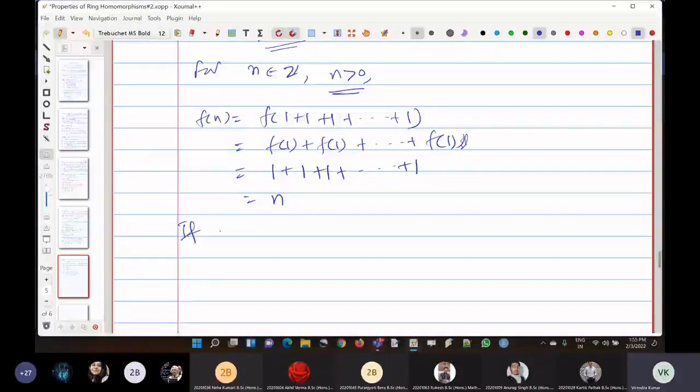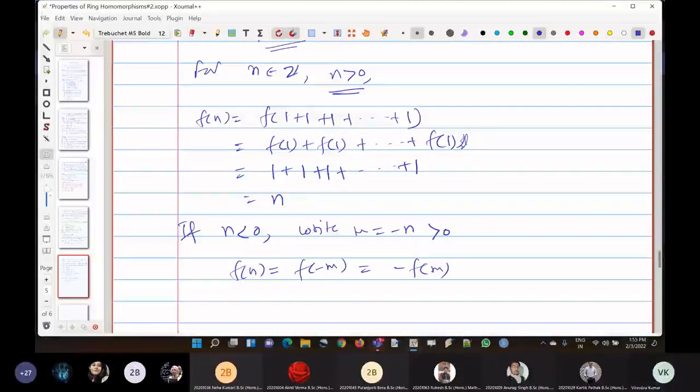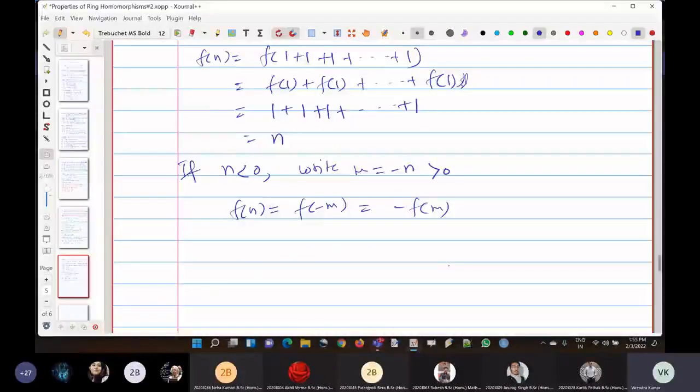In case n is less than 0, we can write m equals minus n, and then in that case m is greater than 0. So in that case f of n equals f of minus m, which equals minus times f of m, because f is a homomorphism, which we have seen earlier.